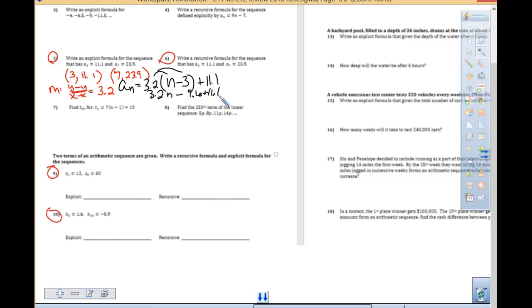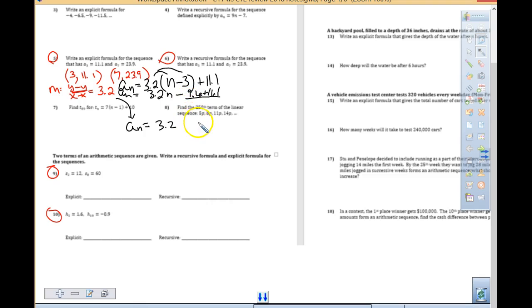What do I end up with for the y-intercept when I add my like terms? I have a sub n equals 3.2n, and what did we get when we add those together? Take 11.1 minus 9.6.